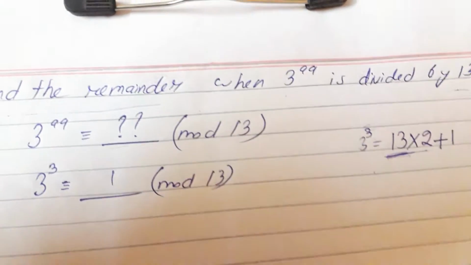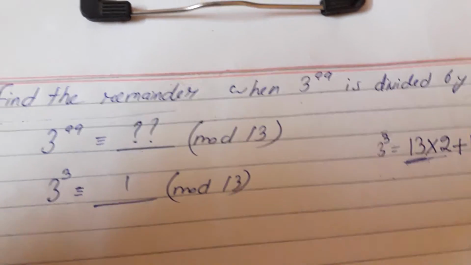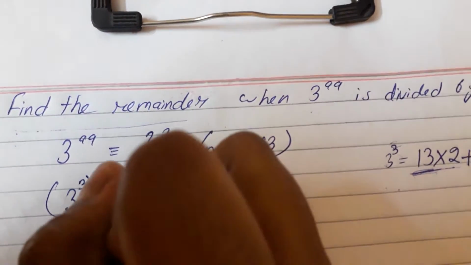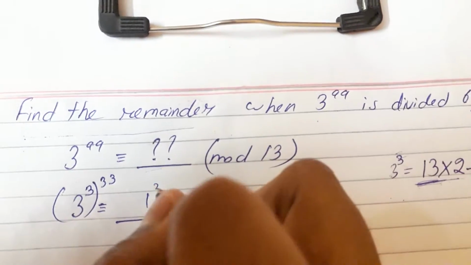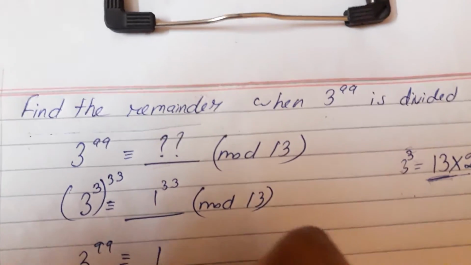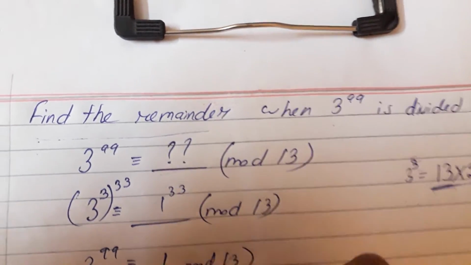So in this case the remainder will be 1. Now you take 99. 99 means here you have to multiply 33, so 1 to the power 33. So you will get 3 to the power 99 congruent 1 mod 13.